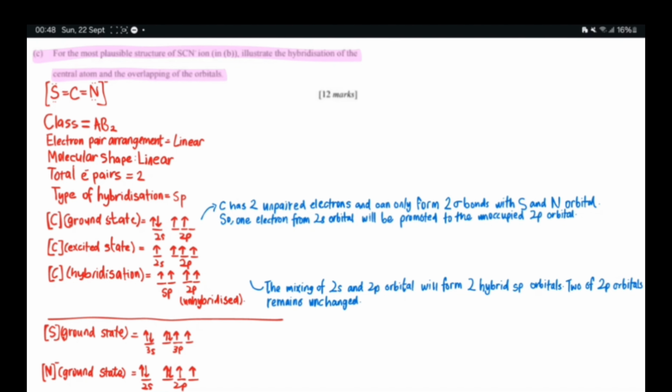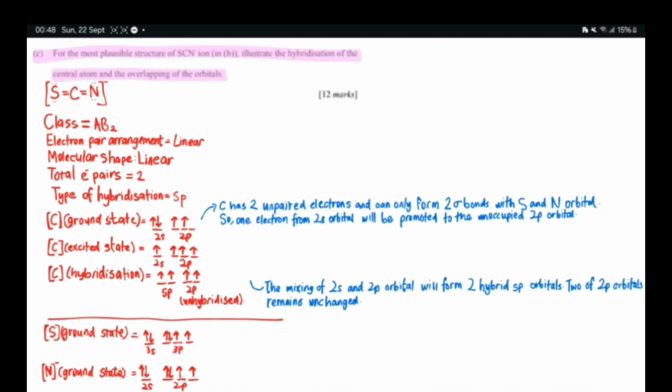So, in order for us to get the idea to draw the hybridization, we can do it by determining the class, electron pair arrangement, molecular shape, and total electron pairs, which can let us know about the type of hybridization that we will draw later on. So based on our Lewis structure, we can know that the class of it is AB2.